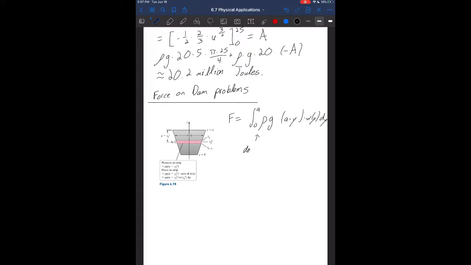So as before, rho is the density. G is gravity. This A minus Y is just how far underwater you are, where the A is the height of the dam.